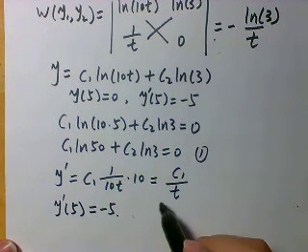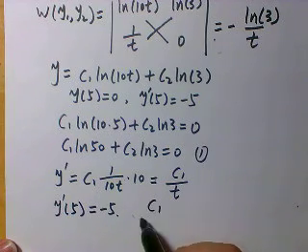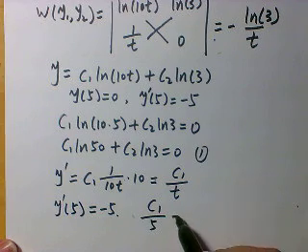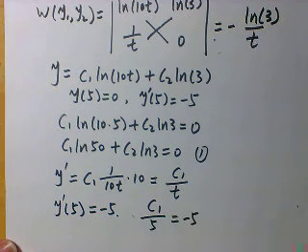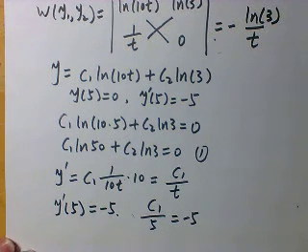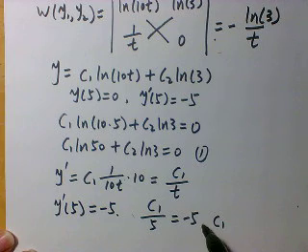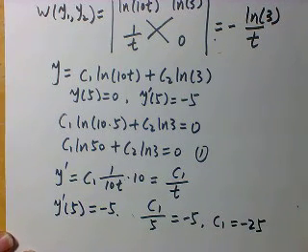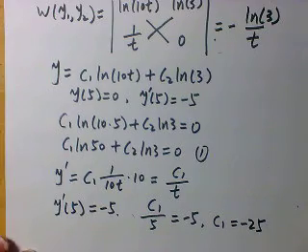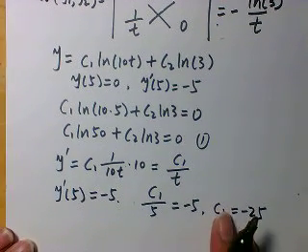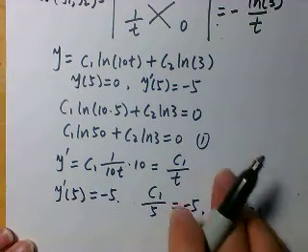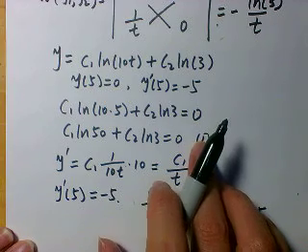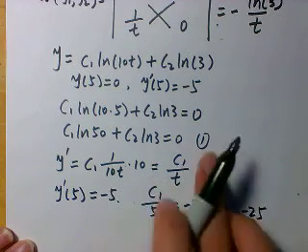So plugging in t equals 5, we have c1 equals -25. And of course, you plug c1 into equation 1 to get c2.